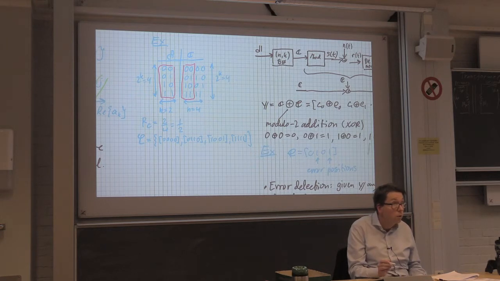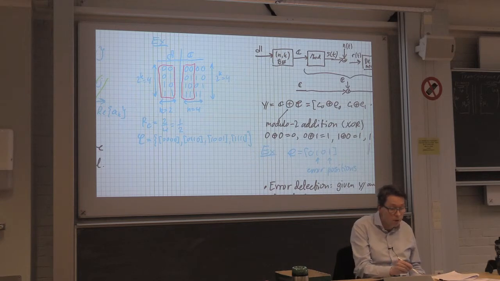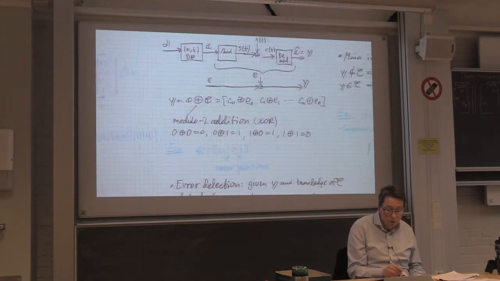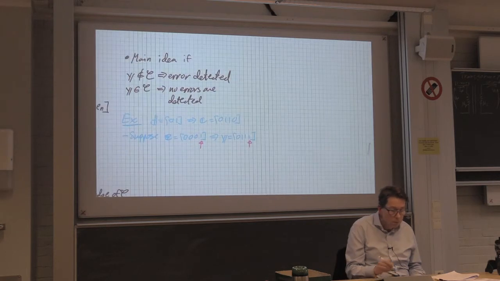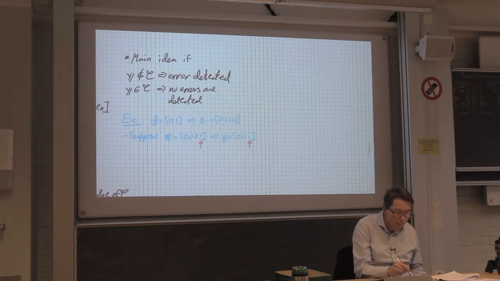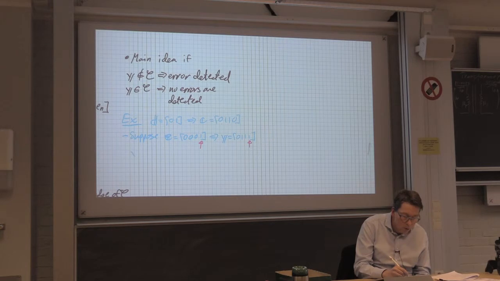No, we don't. There is no such code word. Therefore, we're sure that an error has occurred. And we know actually from the example that the error has occurred. However, the receiver, of course, had no idea about this. So y is not a code word, which means declare error.